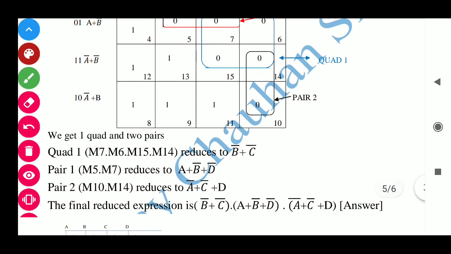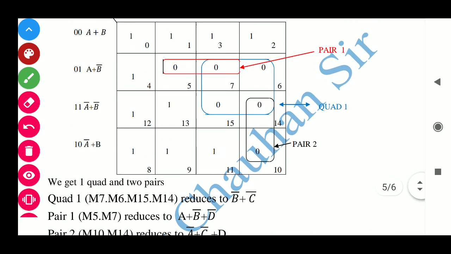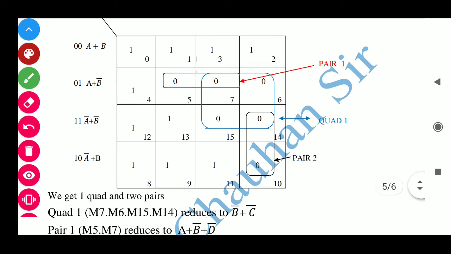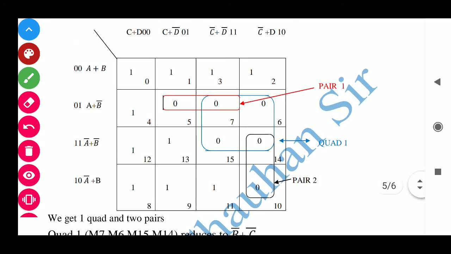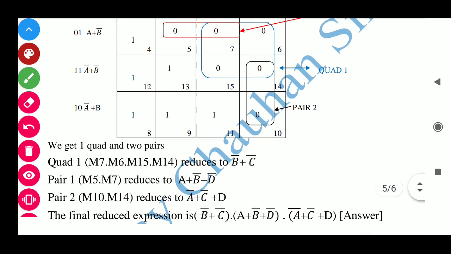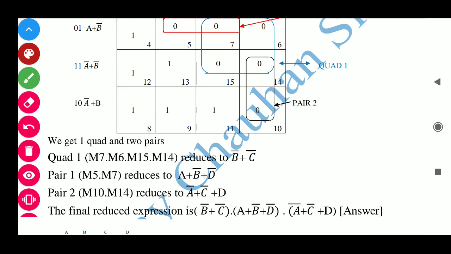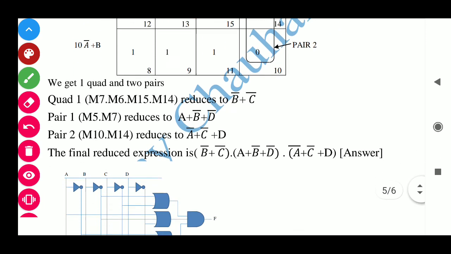And quad 1, that is middle 2 rows and last 2 columns, that's quad 1. Then you have to reduce it, and after reducing you have to draw the logic diagram.